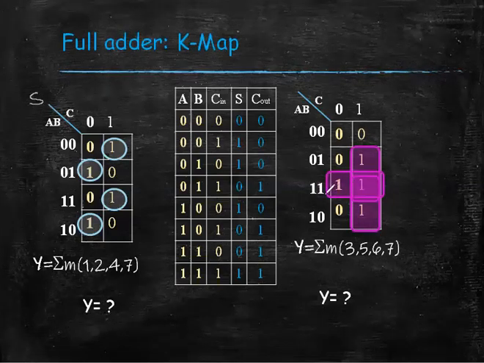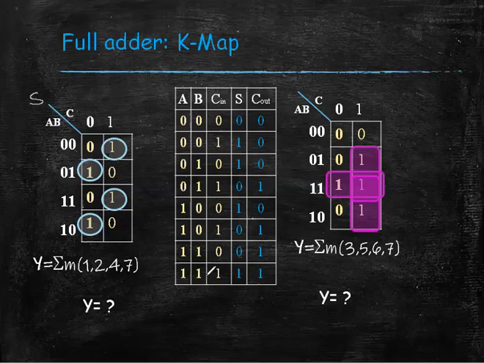Look here. How can we write the result? Cout is equal to the first, AB, plus the second one, this one.